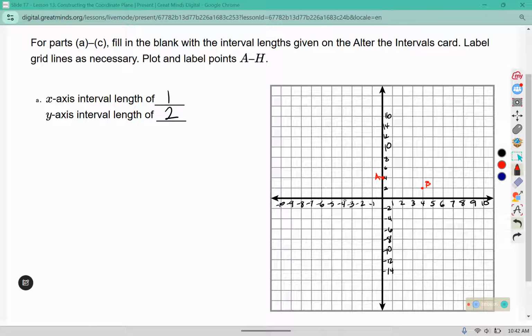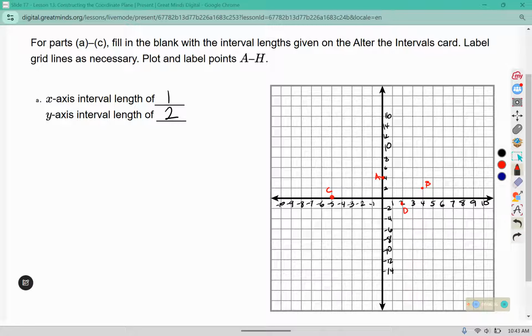C was negative 5, 0. D was negative 2, negative 1. Well, if we were going down 2 for each box, in order to get to negative 1, I'm going to be in the middle of that box. And that is point D. Oh, except D is positive 2, negative 1. So the other side, positive 2, negative 1.